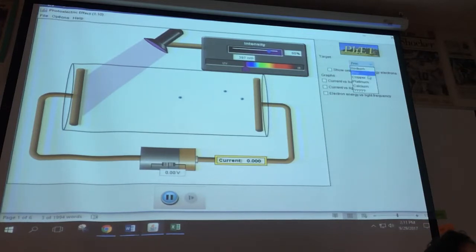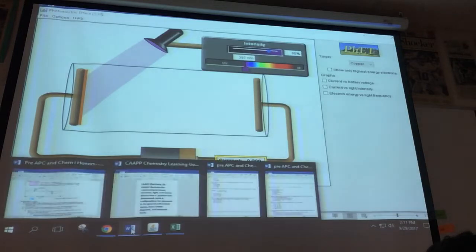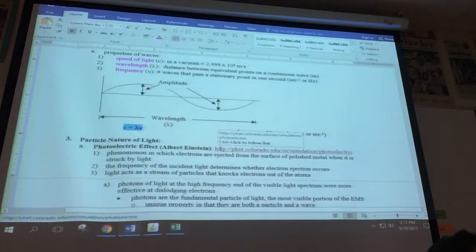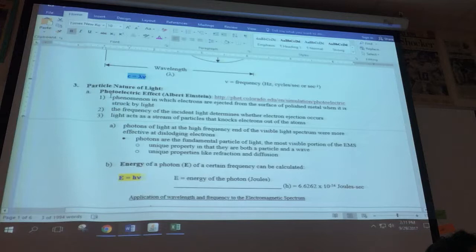And the metals do have different properties in regard to electron ejection. So this is the photoelectric effect. You shine a light source on a polished metal surface, and in some instances you'll get electron ejection. And basically everything I showed you is listed here.